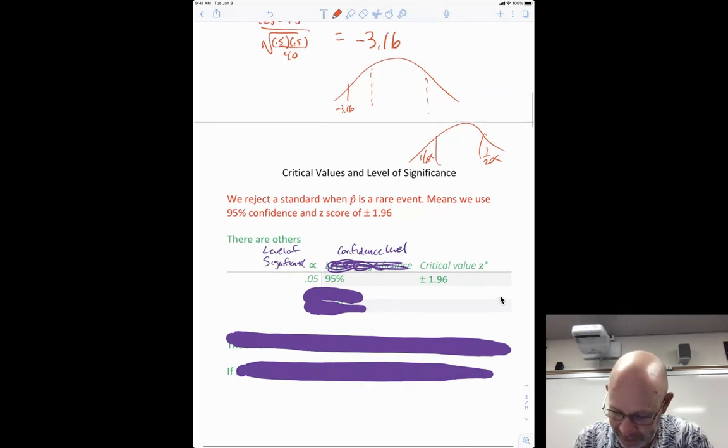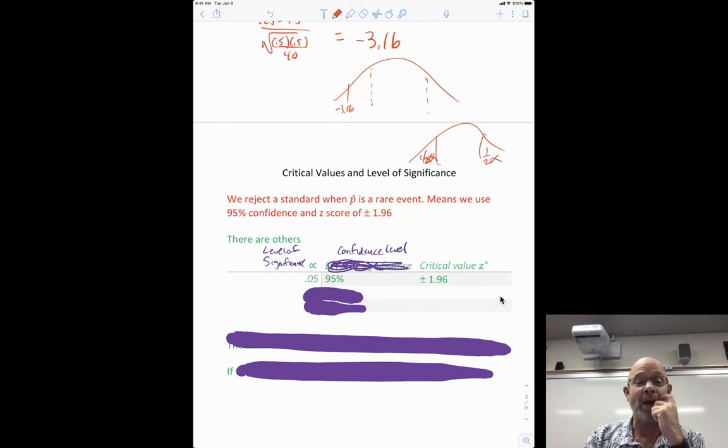Half alpha, 2.5% on each side, okay? So the alpha is called my level of significance. The alpha and the confidence level always have to add up to 100%. So if your confidence level is 90%, then your level of significance is 10%. It's the outside area.